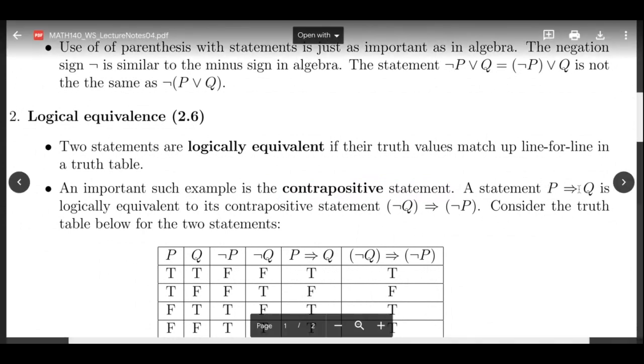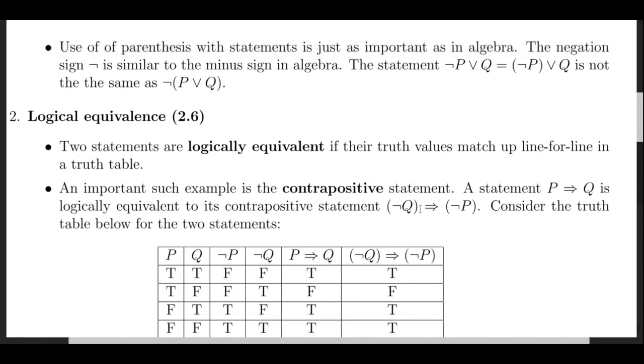So the statement P implies Q. Remember, if P, then Q, or P implies Q, is logically equivalent to its contrapositive. Not Q implies not P. So this is called contrapositive.